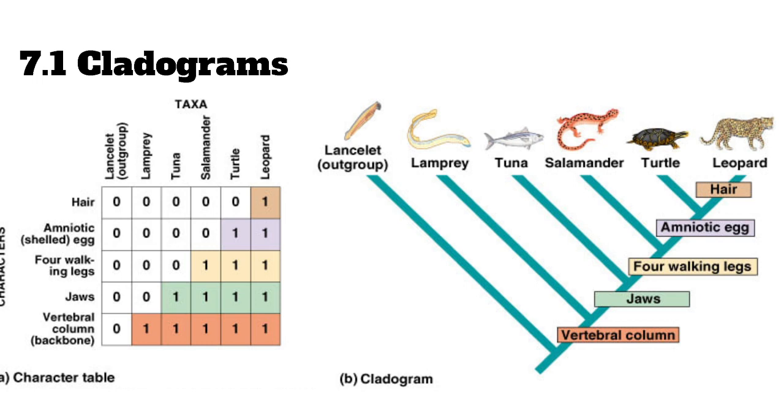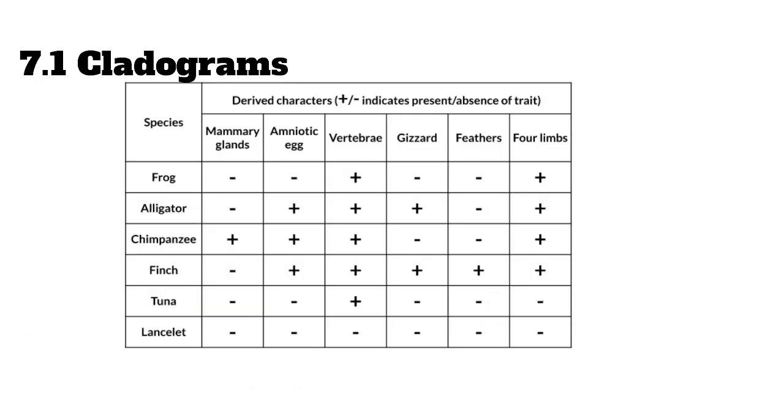Whereas then we start to see, okay, the lamprey has 1, the tuna has 2, the salamander has 3, the turtle has 4, the leopard has all of them, all right? So we've got this stair-step pattern if we organize them from the most traits to the least traits, right? And then we just connect the dots and add the traits labeled like that, right?